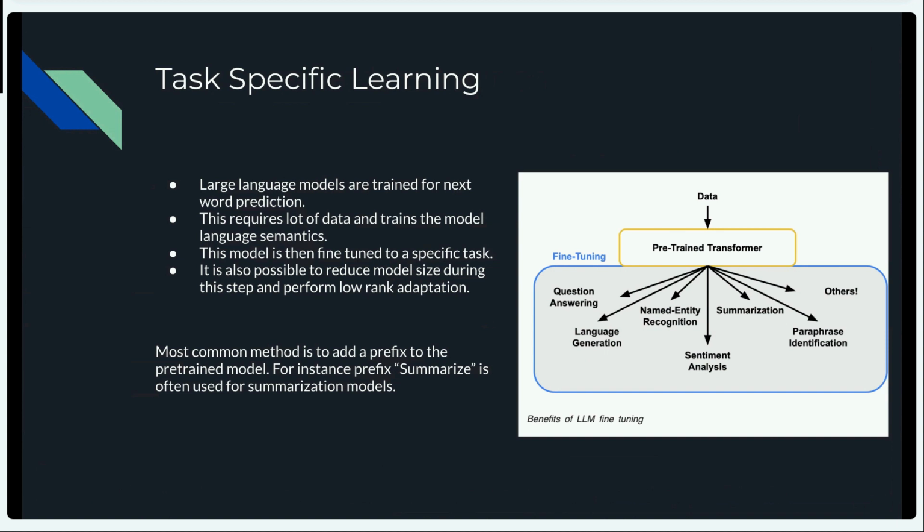For example, you have models like T5. You can use this model for summarization. You can use the same model for translation. So what you can do is add a prefix which essentially tells the model what activity you're going to perform. And based on this, the model basically gives you the proper responses.